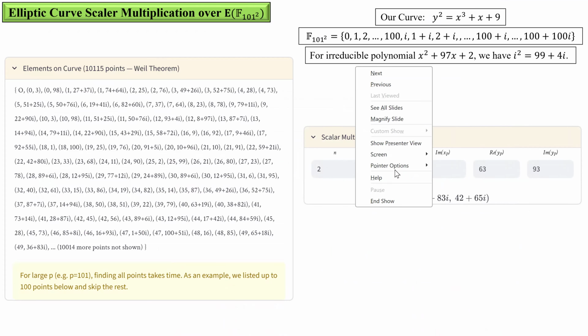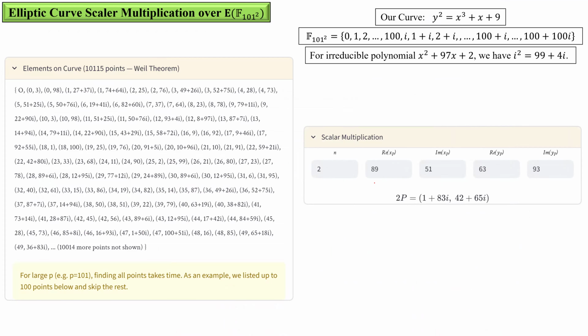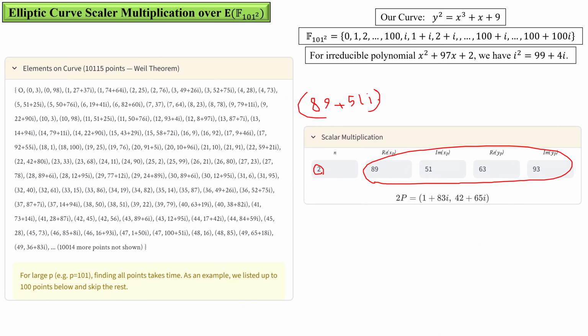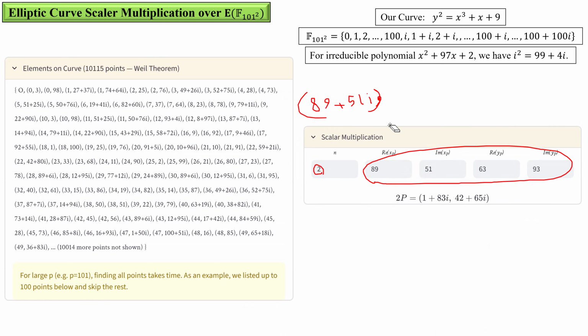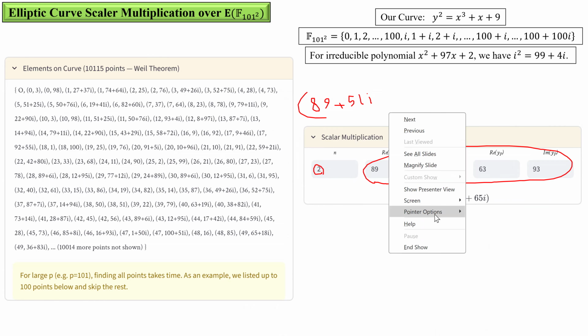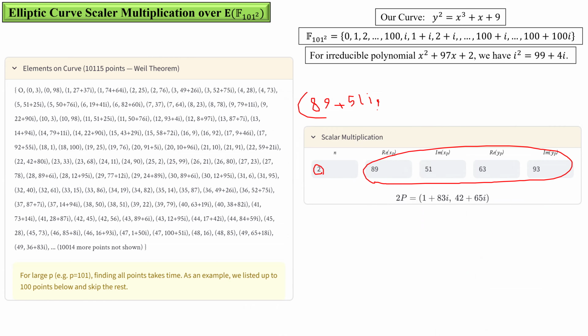For instance, we want to add this element to itself, because it is 2 times here. So 89 plus 51i, and 63 plus 93i plus itself, right?